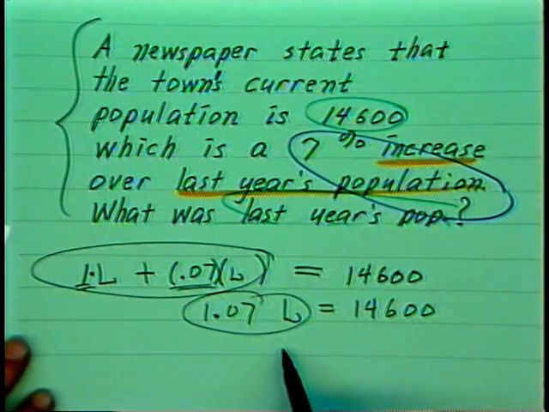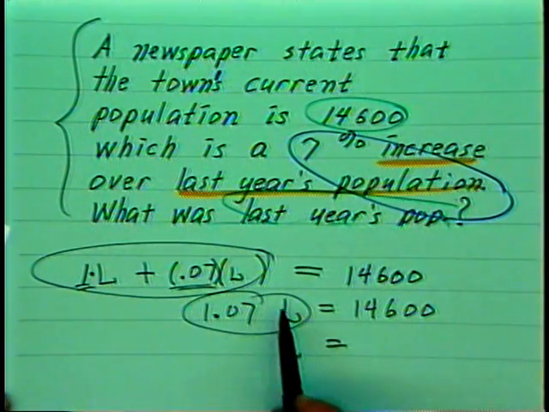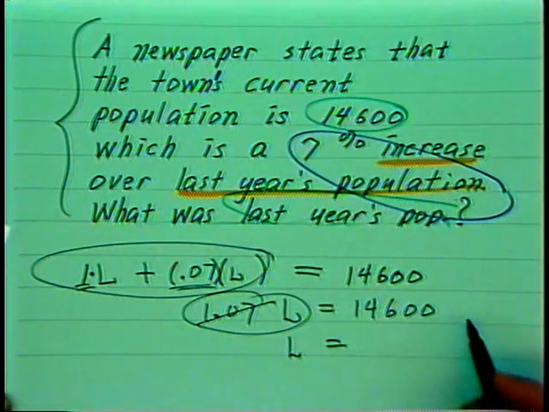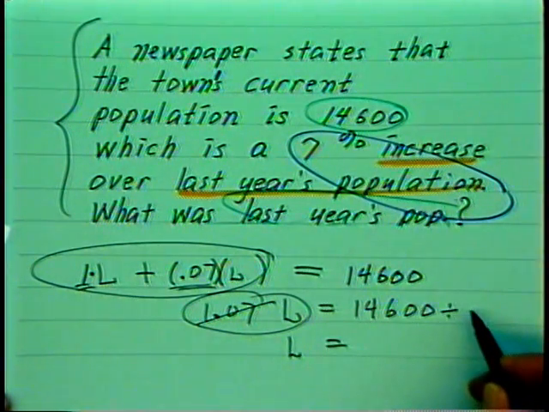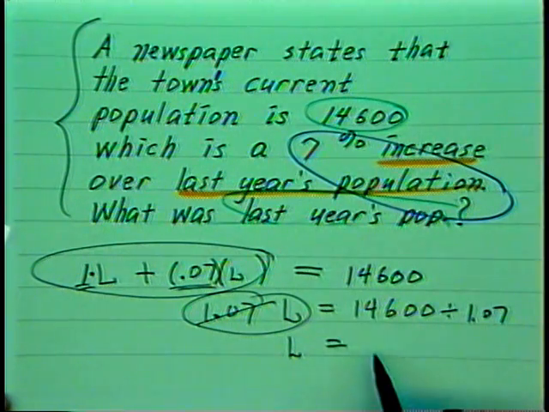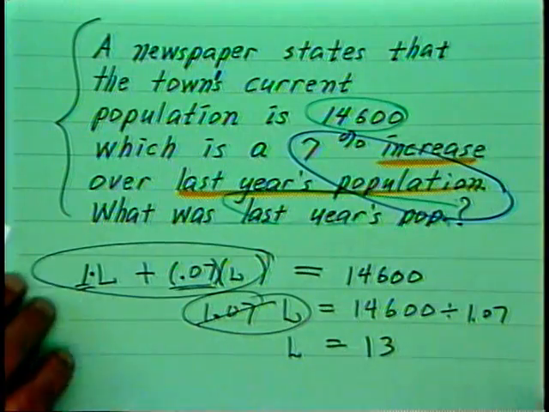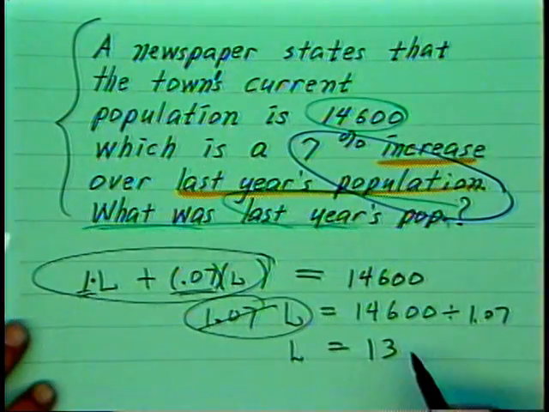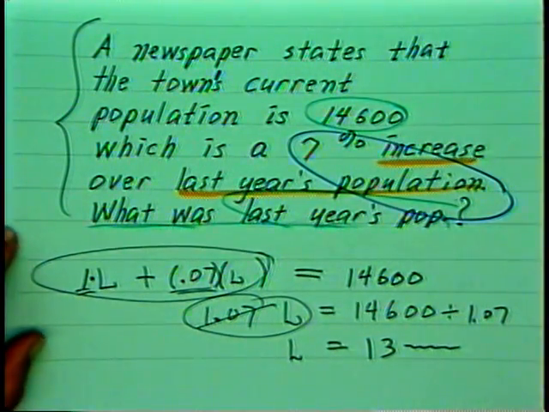But at this point you can see that to undo multiplying, I divide both sides by 1.07, and doing that division I get exactly what we had earlier, 13,000 some odd.